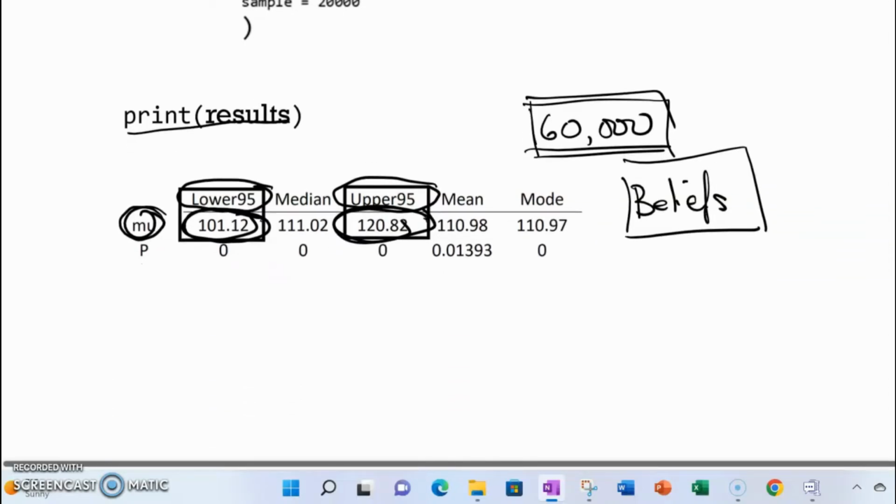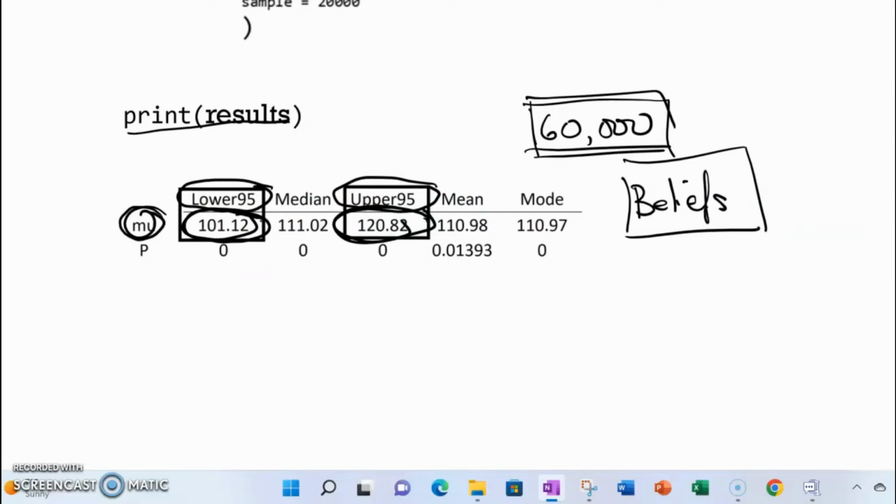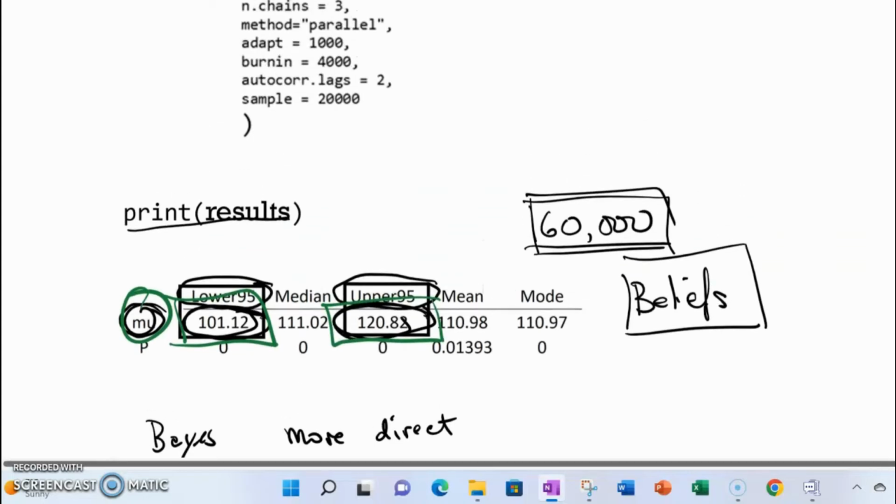So let's make some more comparisons between the Bayesian and the frequentist. The first thing I would say is the Bayesian is more direct because it gives us what we want: a 95% probability that the mean lies within these two values.